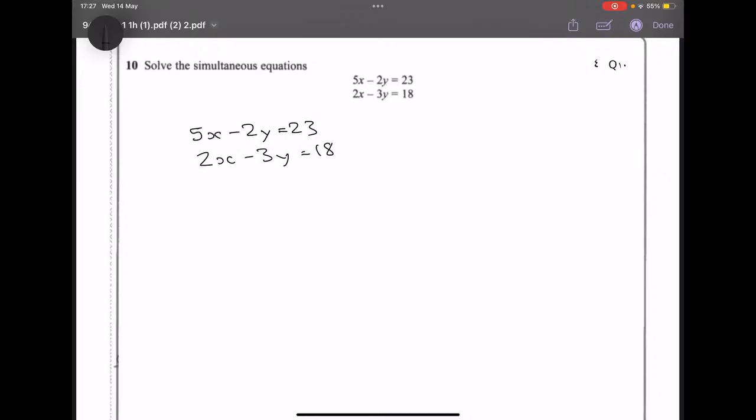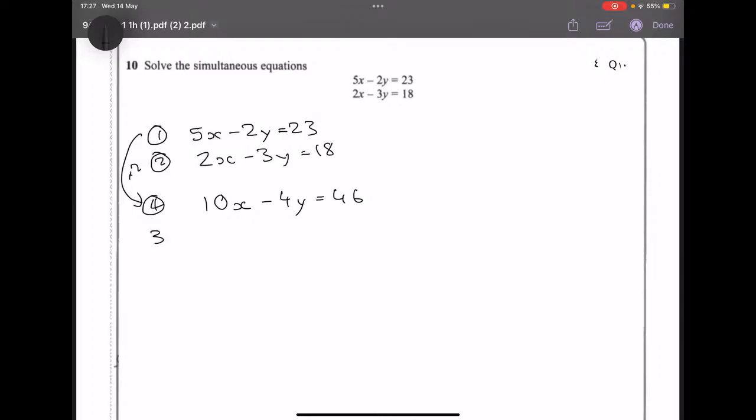Now, let's make the x terms equal 10 in both equations, equation 1 and 2. So in the first equation, we will times it by 2 to get 10x minus 4y equals 46. Now, on a question with simultaneous equations, it's important to double check your signs over and over again to make sure that you do not make any mistakes, as you'll be using many terms and it could cost you the marks, as a mistake at the start will mean you do the whole question incorrectly.